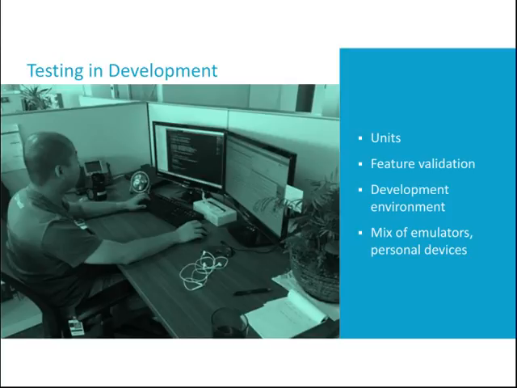And they're going to be using a mix of emulators and maybe some personal devices, maybe some phones that they have on their desk or in drawers, phones or tablets that they've accumulated over time and have very easy access to, but will be basically, let's just say, intimate to that individual developer.